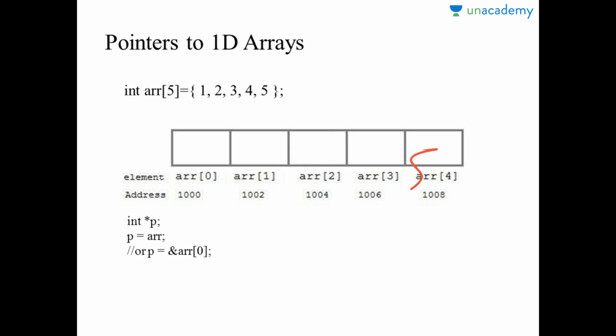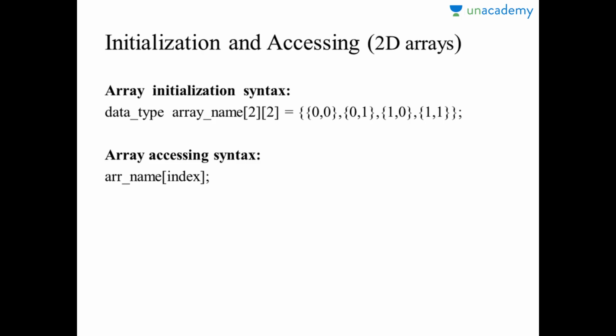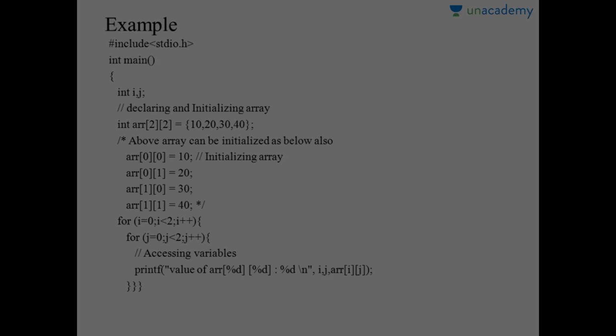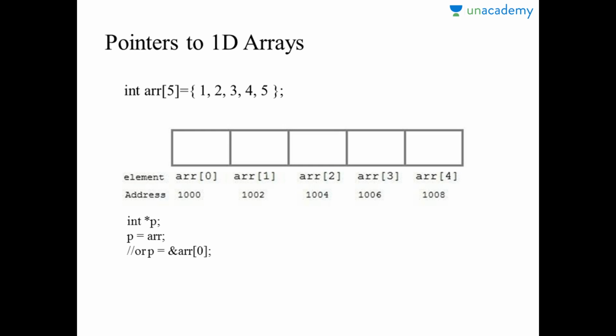So here the variable ARR will give the base address, which is a constant pointer pointing to the element ARR[0]. ARR and &ARR[0] here are equivalent because this is our base address and this is our first element. So assuming that the base address of ARR is 1000 and each integer requires 2 bytes, we have stored these 5 elements.